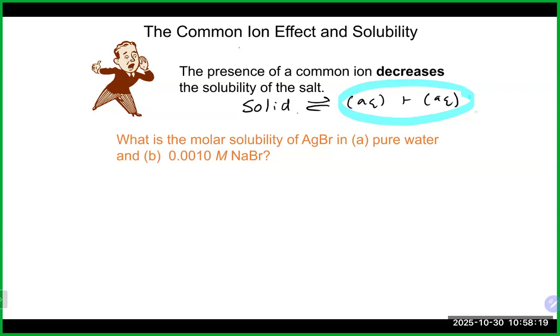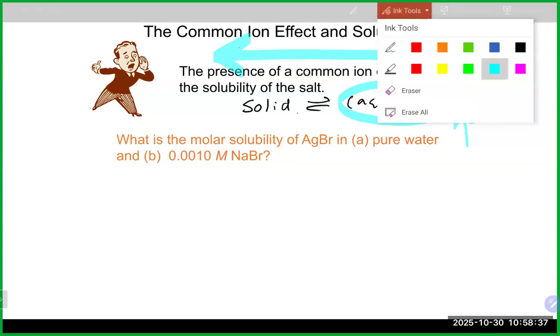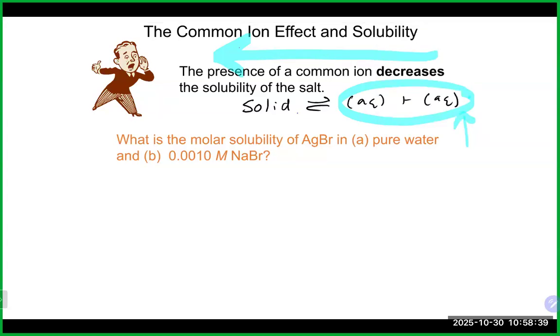Because you would have a common ion on the product side, our good friend Le Chatelier's principle would say, if I add to the product side, I should see the equilibrium shift away from it, and it should shift to the solid side here. So because of that equilibrium shift, more solid stays together because of the presence of that common ion.